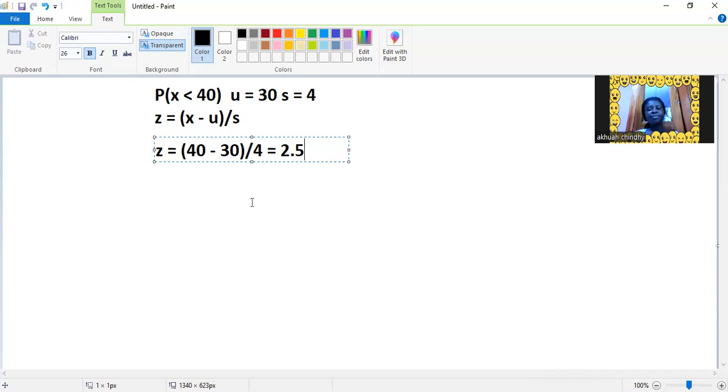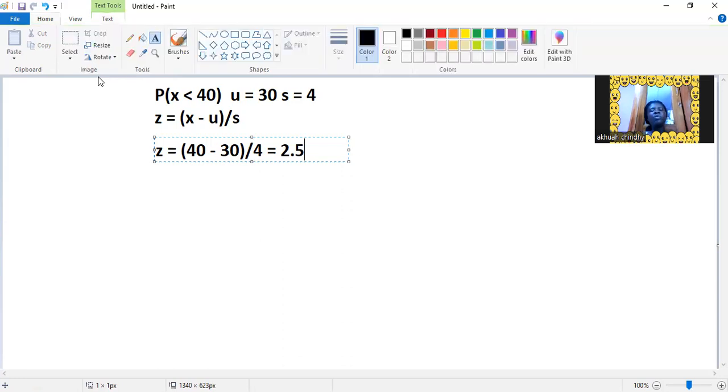But before we use the positive table, someone will get confused: if I get 2.5, how would I know that it is less than or equal to 40? So we first have to draw the normal distribution curve, so that you do not get confused.